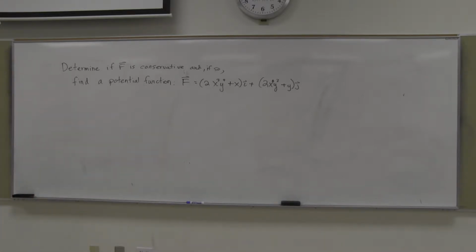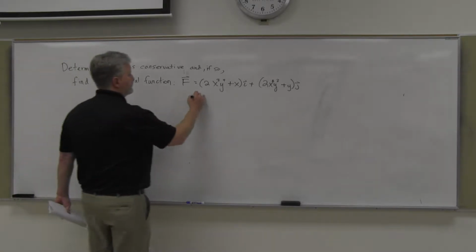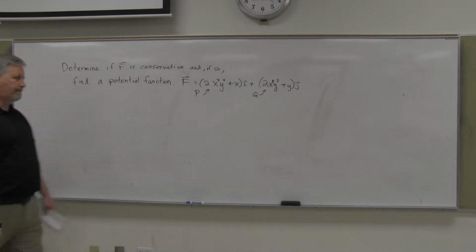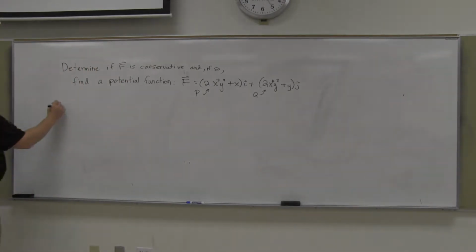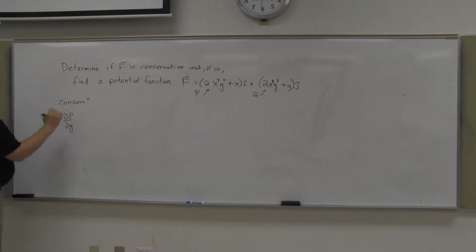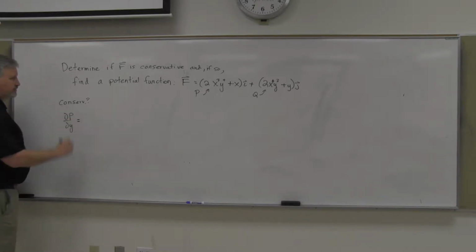Okay, so this is P, this is my Q. So to determine if it's conservative, look at the partial P with respect to Y, and then the partial Q with respect to X. I think these are pretty easy.